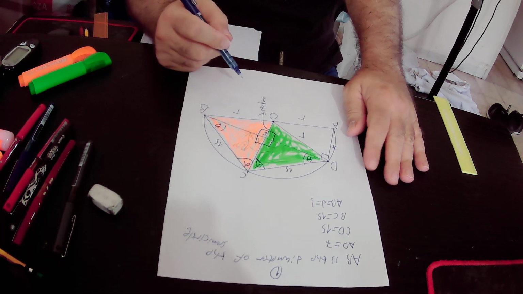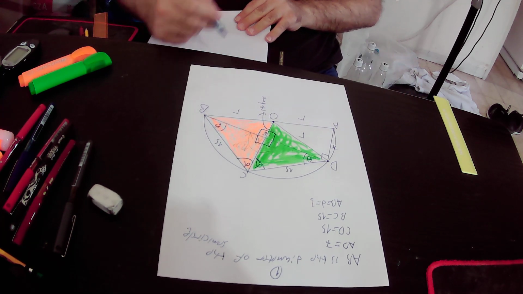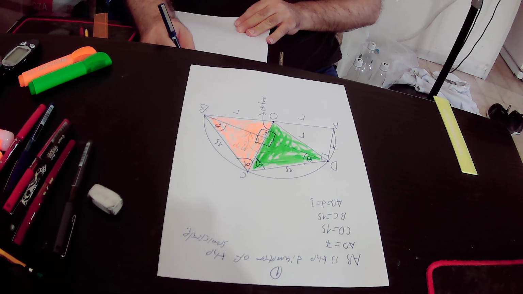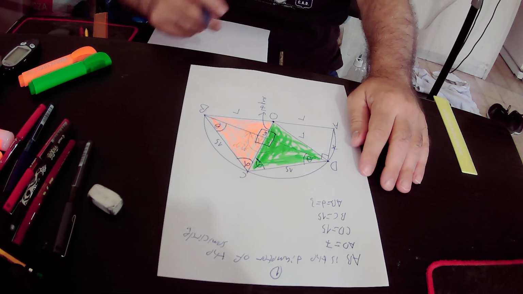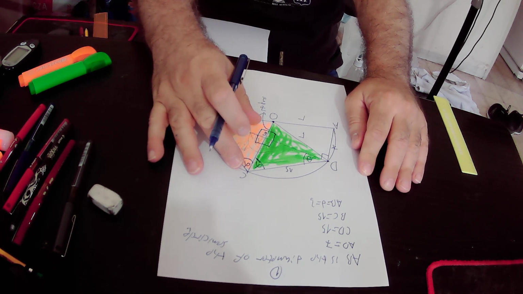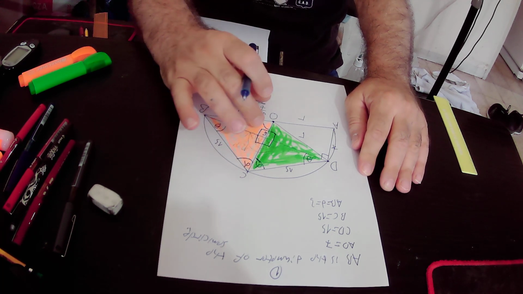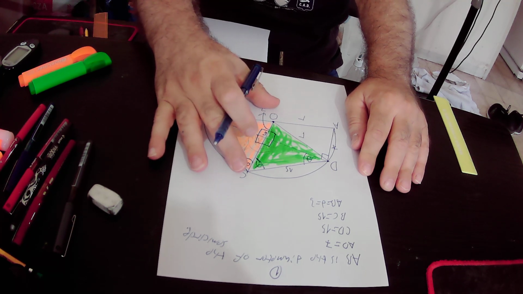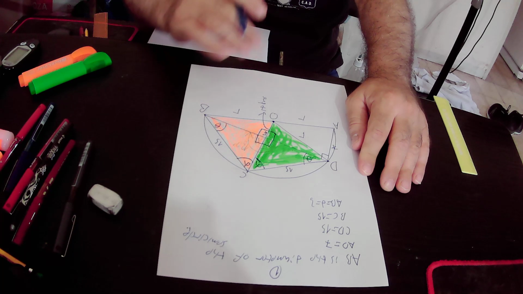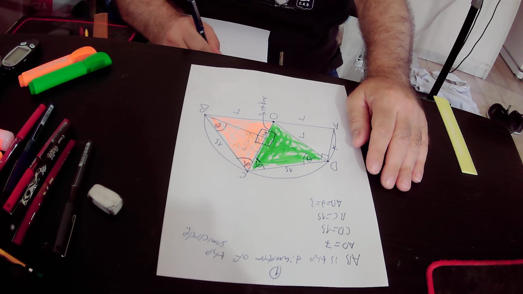Okay, but what is the value of EC? EC equals OC minus OE.